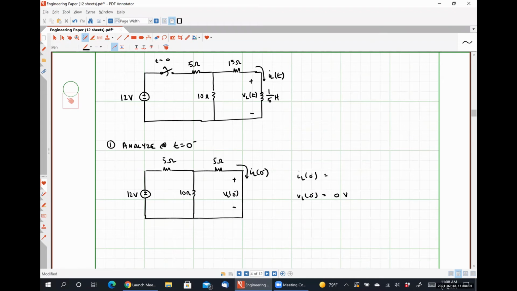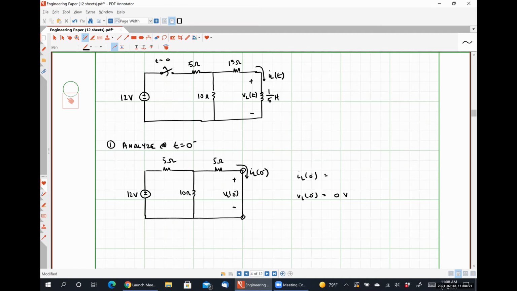Well, wouldn't it be the same as the voltage drop over the 5-ohm resistor? It would not, because the positive polarity terminal of the inductor is here. The negative polarity terminal of the inductor is here, right? So we're looking at the voltage drop over the short circuit.